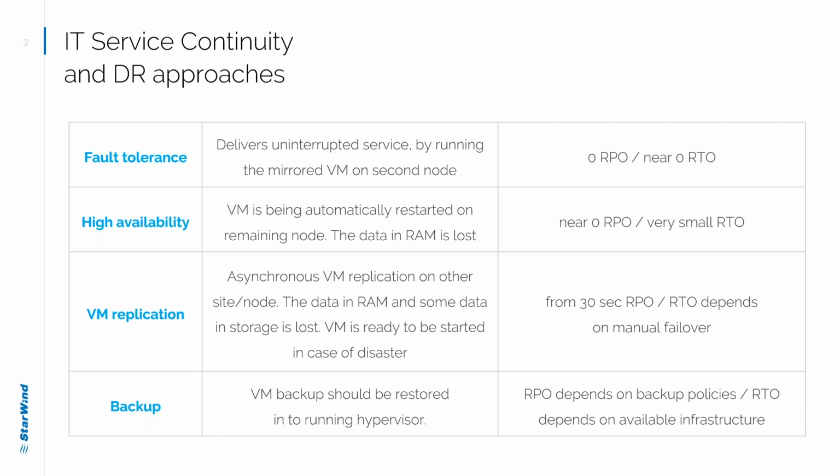And the last one is backup. I think you all know what a backup is, so I will highlight why backups should be implemented in any case, regardless of the fact that fault tolerance, high availability, or replication already exist. Fundamentally, both backup and replication are necessary to keep a source virtual machine's data so you can restore it on demand.